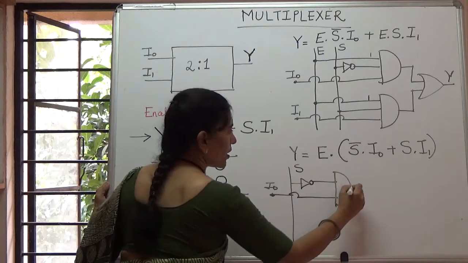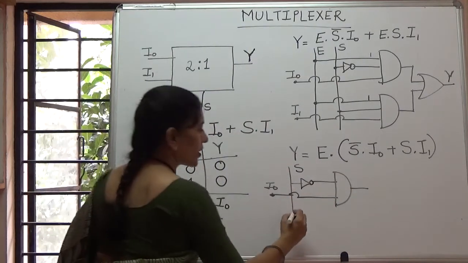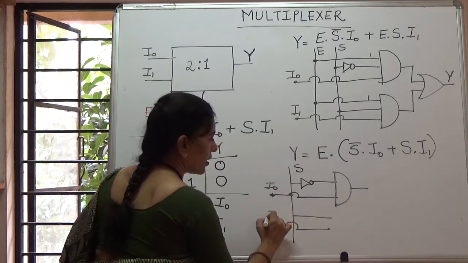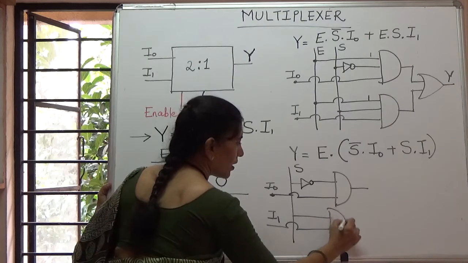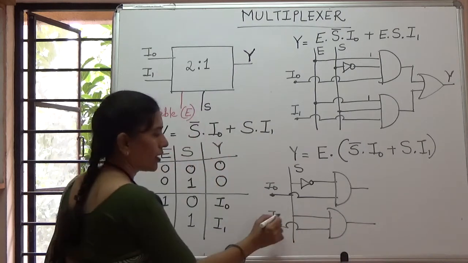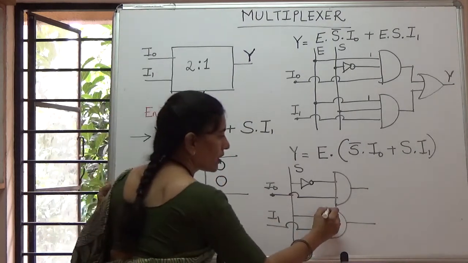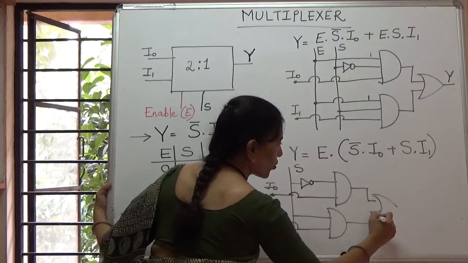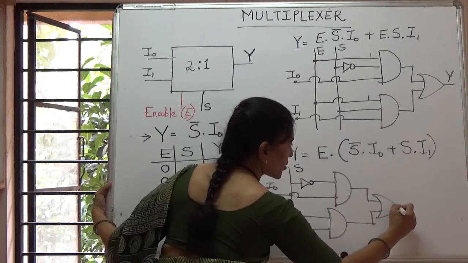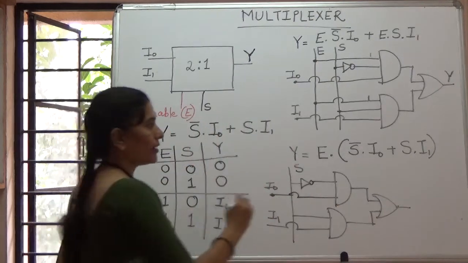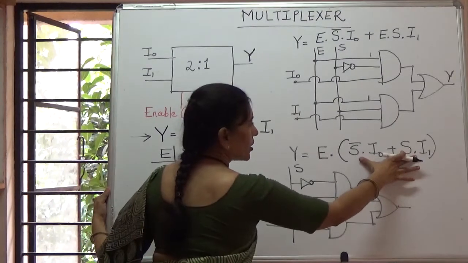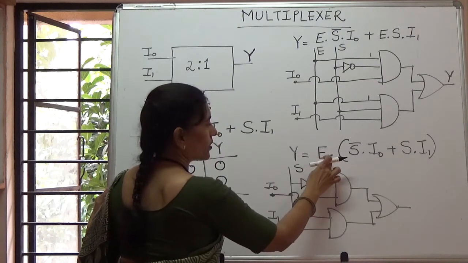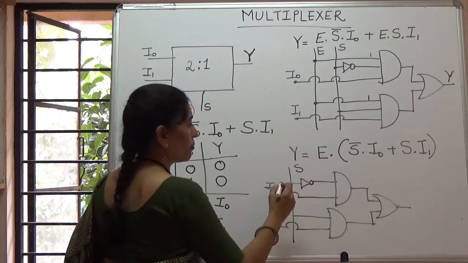So we use the same earlier implementation first, then S combined with I1, generating the OR output, these two ANDs connected to an OR output, and then this sum of the two products can be ANDed separately with the E term, that is the enable input.